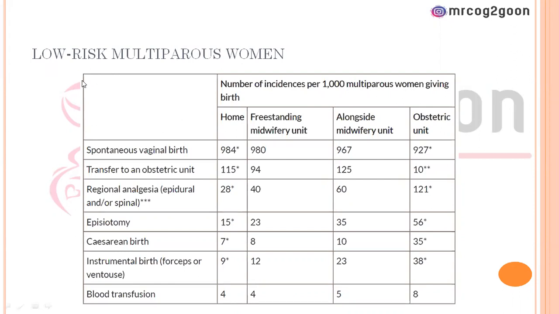This is the risk when a multiparous patient comes who is low risk. Out of 1,000 women who attend this care, how many of them had each of these outcomes? So we have spontaneous vaginal delivery for a multiparous woman, 984 delivered at home, and it is lower in the obstetric unit.